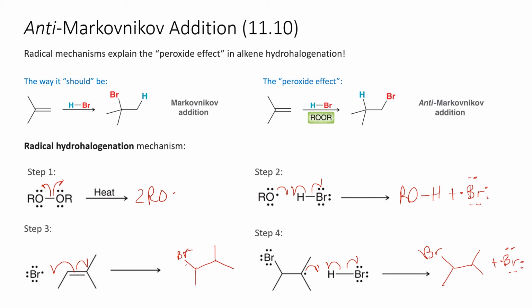And then we can actually have the coupling of a bromine that will give us our termination step. So this is the mechanism that helps us understand why we get that anti-Markovnikov addition.